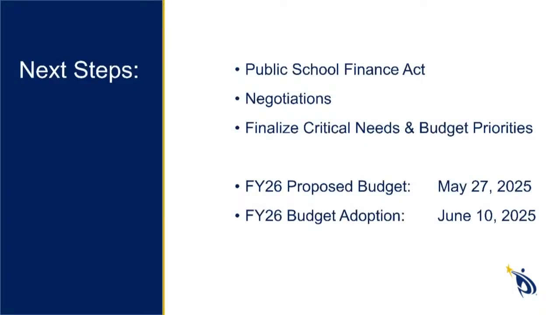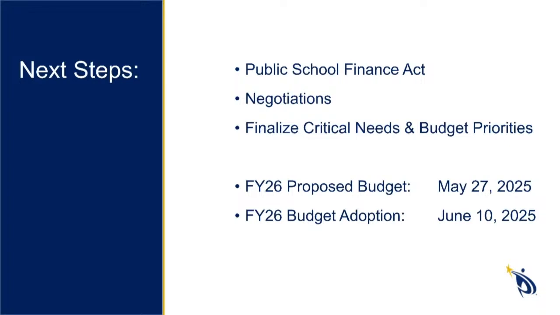Okay, so what's next? As I mentioned, the long bill is passed. The School Finance Act now should be pretty much done, but we need to see the numbers. We need to see the formula. Negotiations are moving along, and we'll start to really tackle the compensation side of things here as they finalize things throughout the year.